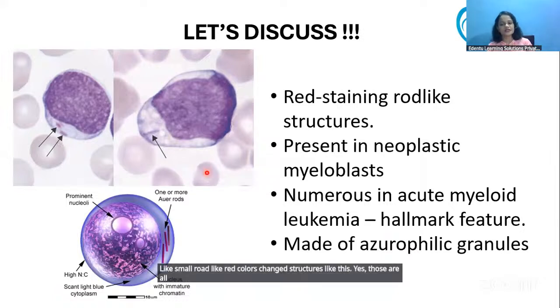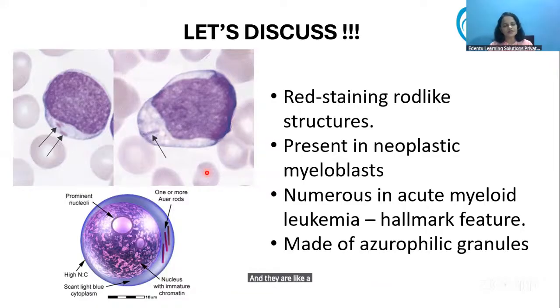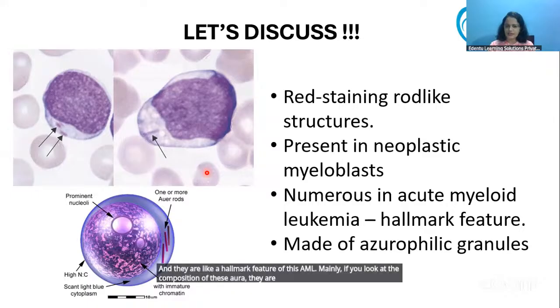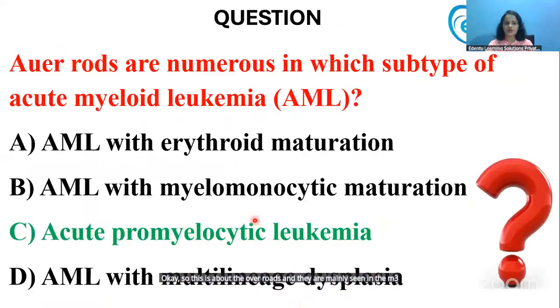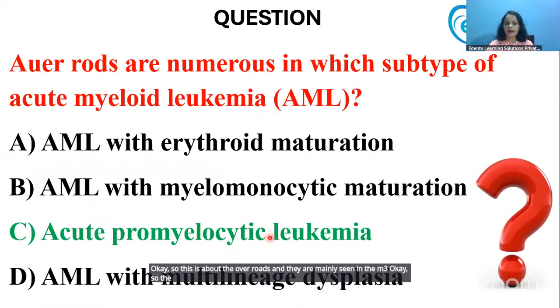They are present in the neoplastic myeloblasts, and they are a hallmark feature of AML. If you look at the composition of these Auer rods, they are mainly made up of eosinophilic granules. So this is about the Auer rods, and they are mainly seen in M3. So the answer is acute promyelocytic leukemia, or M3 type of AML.